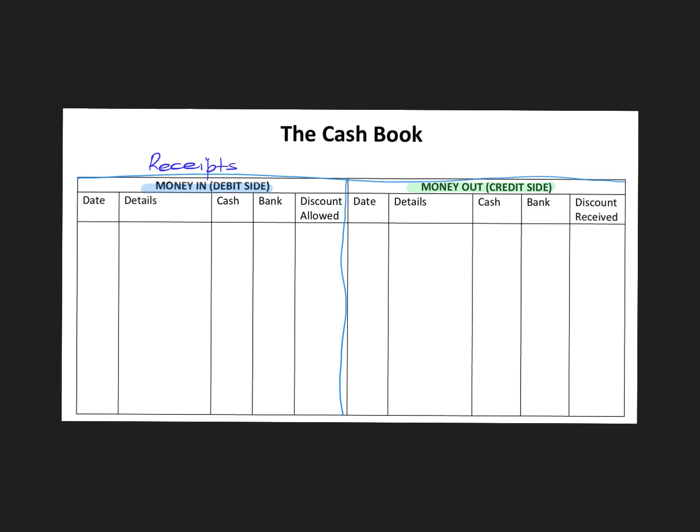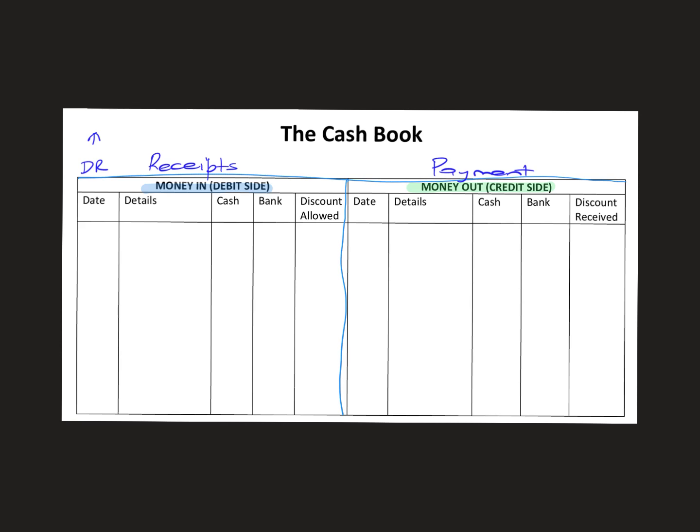And the cash book, the debit side or the left-hand side, is the increasing side. So every time the business gets money, it would be recorded on the debit side. Every time the business spends money, which is the payment side, it would be entered on the credit side.